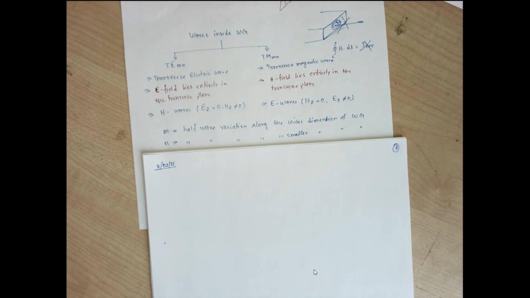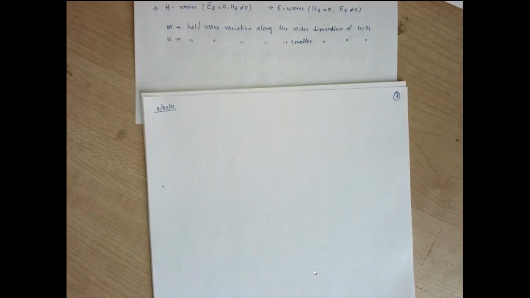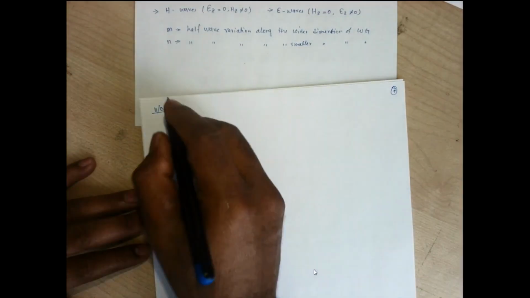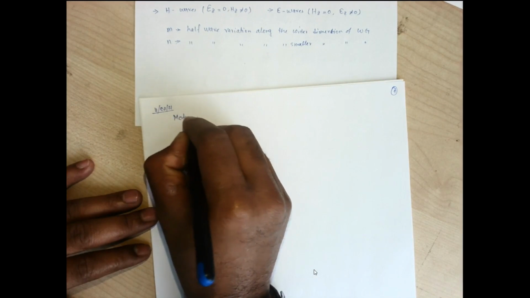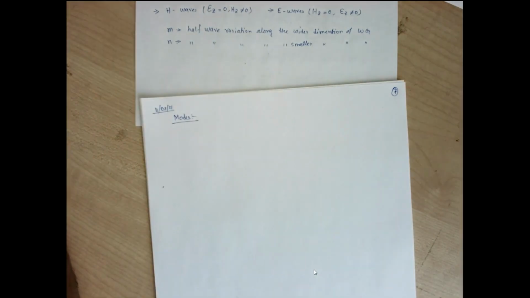So what are modes basically? The electromagnetic waves inside a waveguide can have different kinds of patterns. So these patterns are known as modes.